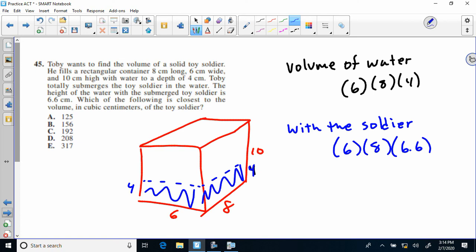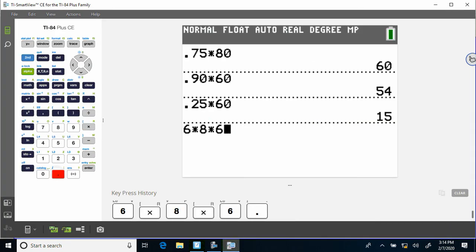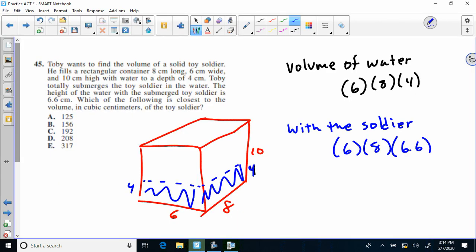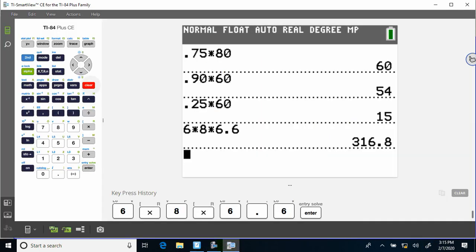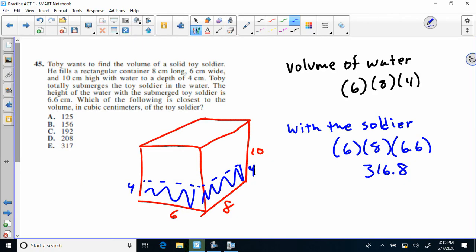Which of the following is closest to the volume in cubic centimeters of the toy soldier? Well, if we find what the blue one is, the toy soldier, and we take out the water, which is the black one, then it will give us the right answer. So we're going to do 6 times 8 times 6.6, and that gave us 316.8. And 6 times 8 times 4 gives you 192.